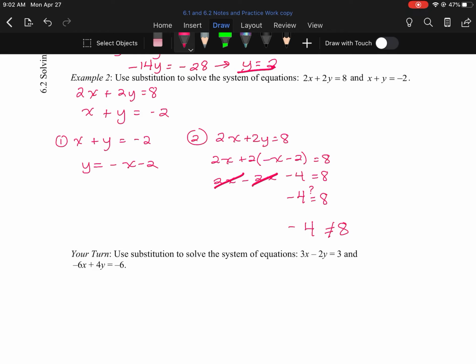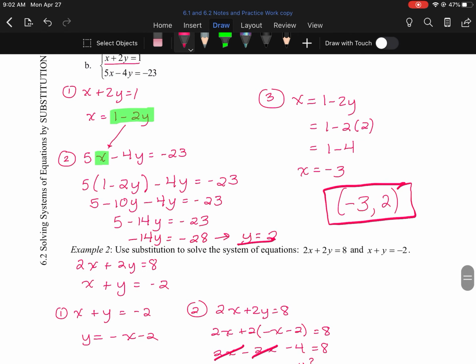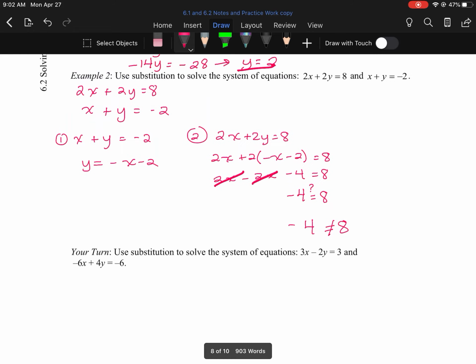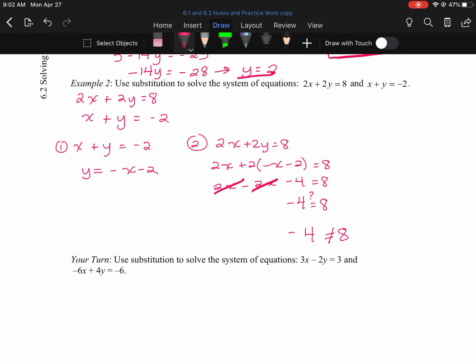So if we think about this, hey, this is still a system of equations. And last section, we learned that there are 3 different things that could happen with our systems of equations. We could get one solution, like we've been getting, but we could also get no solution. So when we go through and we solve it and our variables cancel and the left side does not equal the right side, we get no solution.